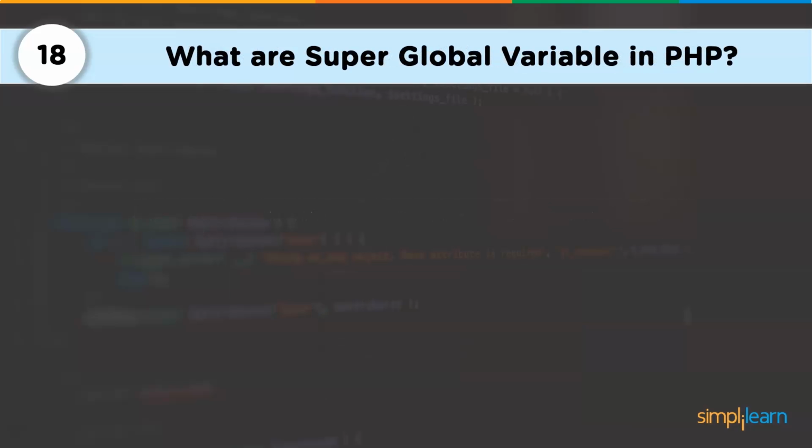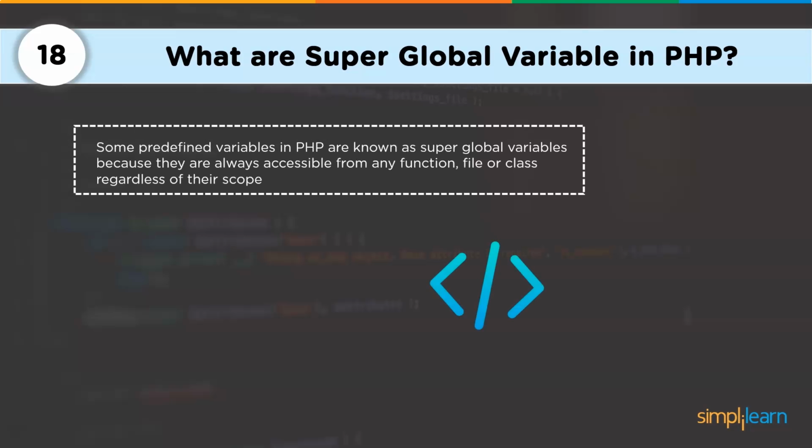Moving on, what are superglobal variables in PHP? Some predefined variables in PHP are known as superglobal variables because they are always accessible from any function, file or class regardless of the scope. So in all, they are globally accessible.